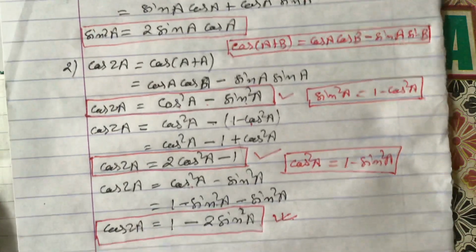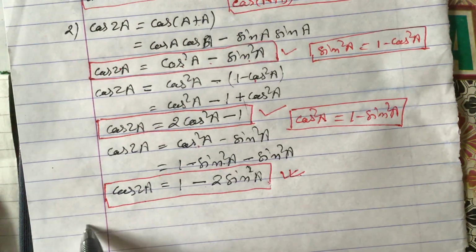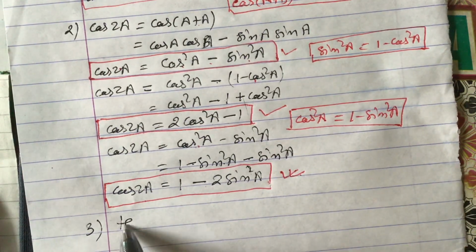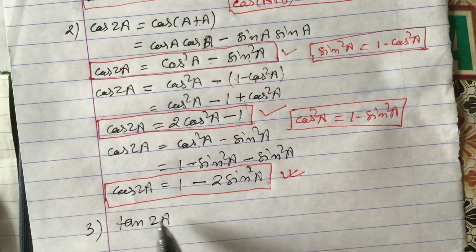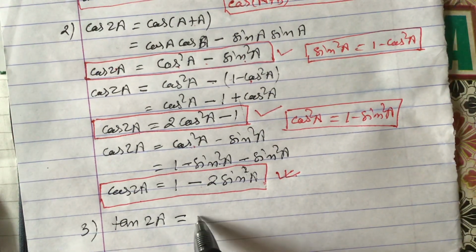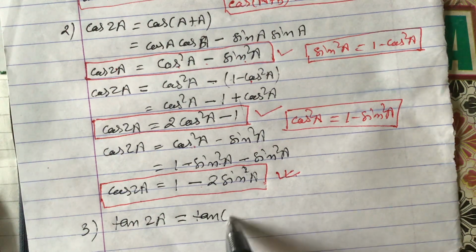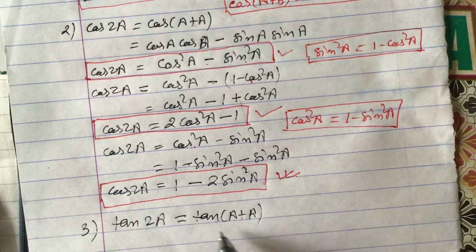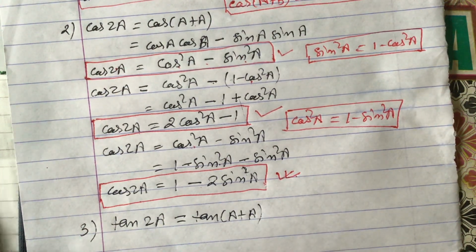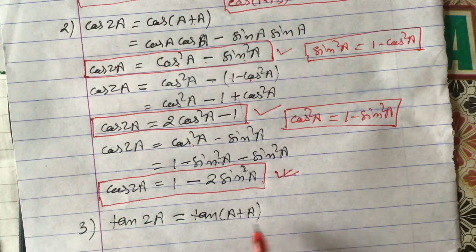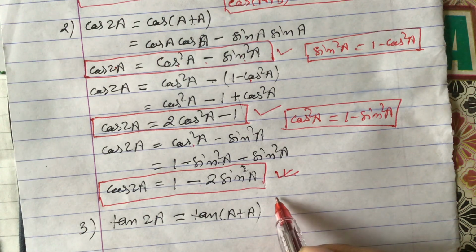Similarly, let us derive the formula for tan 2a. Number 3 is for tan. Tan 2a we can also write as tan of a plus a. All will break in a similar way. a plus a is 2a. Now we need to apply the tan a plus b formula, which you learned in class 9, the compound angle formula.